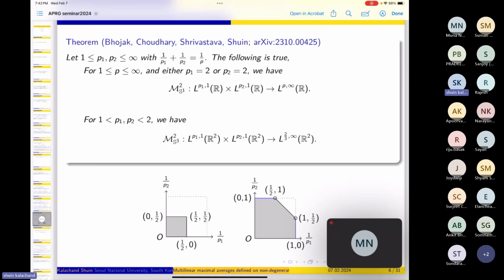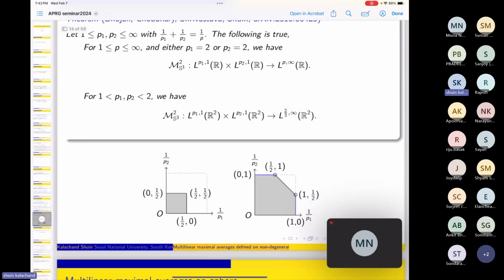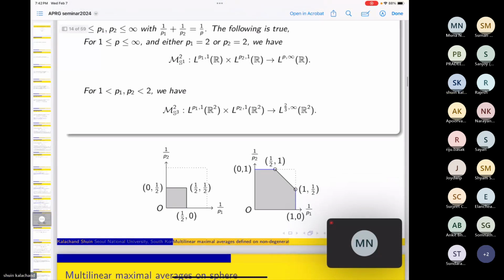So this is the result: if p1, p2 are between 1 and 2, then we have this restricted weak type estimate for M_{2}S^{3}. And in dimension 1, as you can see, on the horizontal and vertical line segments from (0, 1/2) to (1/2, 1/2) and the vertical line, we have proved restricted weak type estimates. So now almost everything is known about the bilinear spherical maximal function.